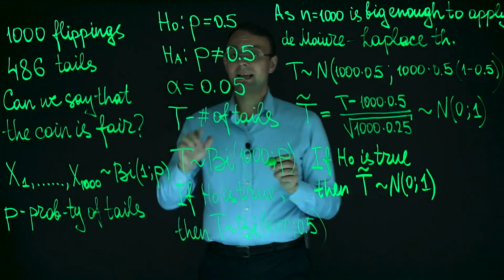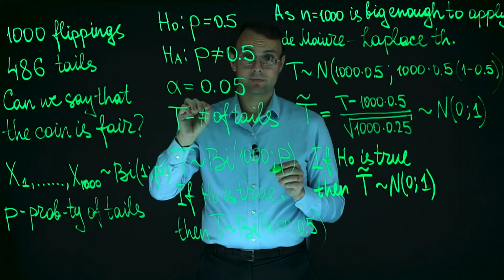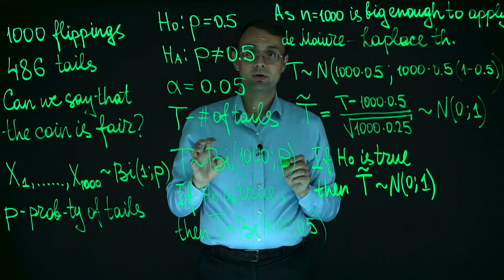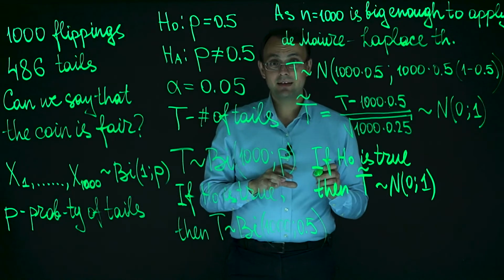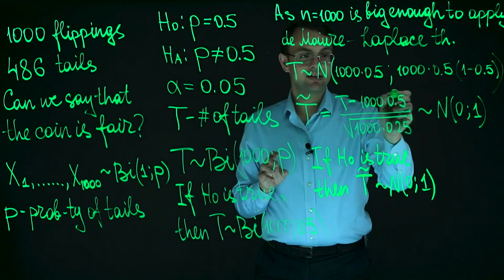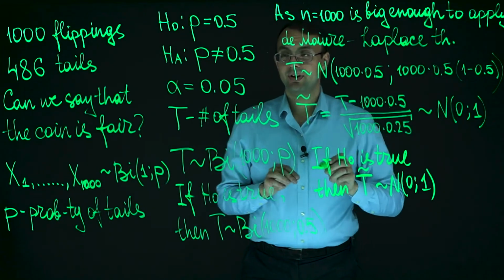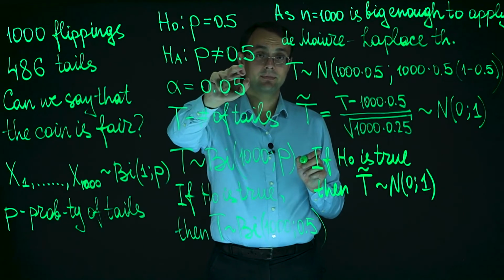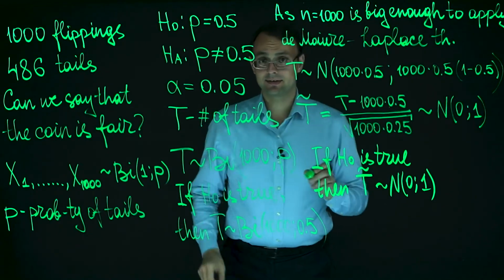If p is not equal to 1/2, if the null hypothesis is false, if p is more than 1/2, so the probability to get tails is more than 1/2, then the average number of tails is more than 500, and this difference is usually positive. The further this probability is from 1/2, the more positive this T tilde is.